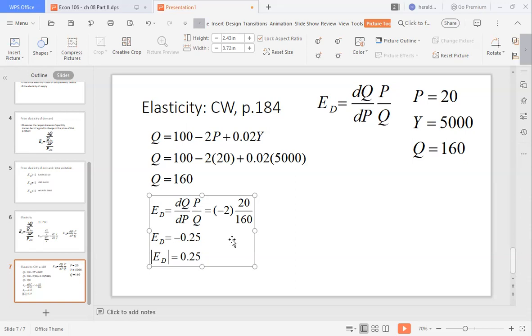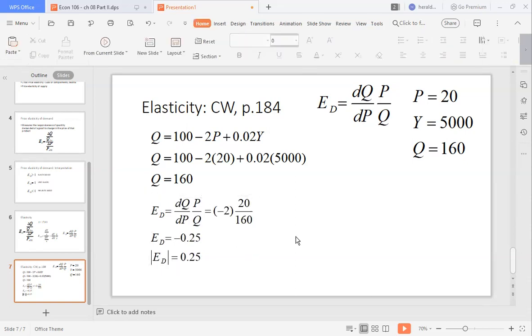But again, the next thing to always do here is to get total revenue. But this is again just an application. We have one more application for total differential. So I will not choose anymore to discuss total revenue here. I think I will just go to another subtopic already.